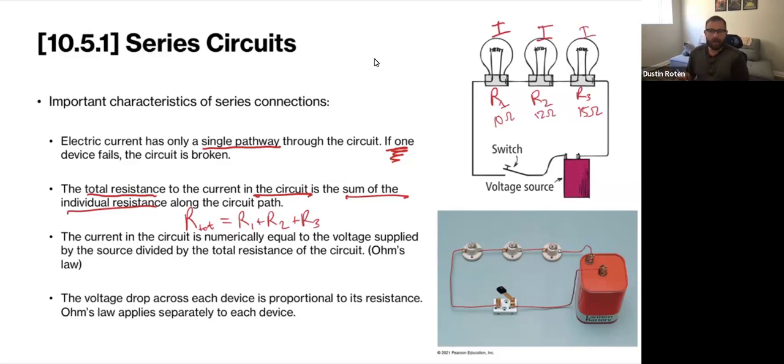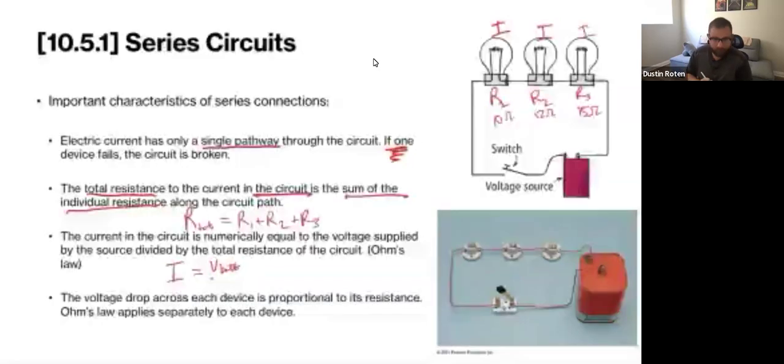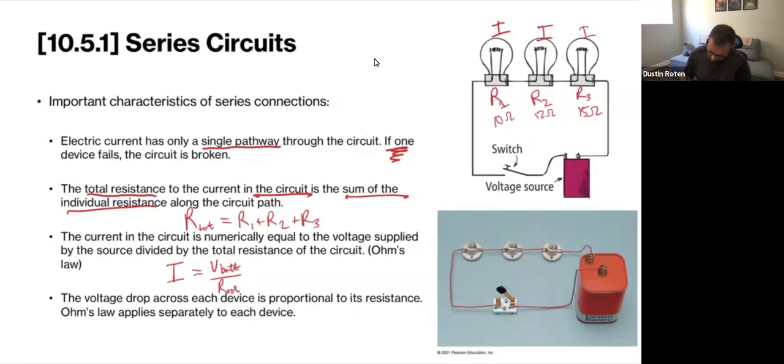So that means if we wanted to talk about the voltage, what we can do is just say that the current in the circuit, I for all of them, is numerically equal to the voltage supplied by the source, so the battery, divided by the total resistance of the circuit, R total.